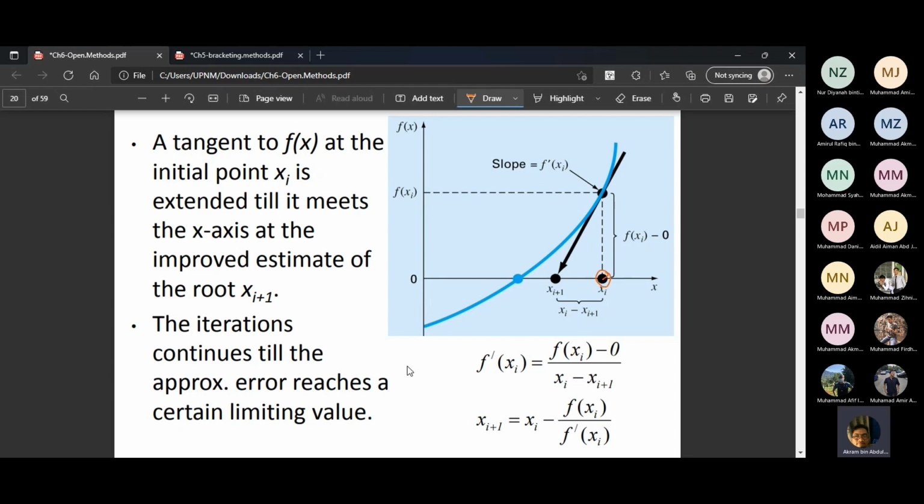Kita akan cari apa nilai f x i dia. Bila dah dapat f x i dia, kita cari f prime x i, slope dia. Tujuan kita cari slope adalah kita nak buat satu tangent line. So bila kita ada satu tangent line, we will extend this tangent line. Kita nak cari dekat mana tangent line yang akan cross x-axis. So the point where it crosses the x-axis, x sub i plus 1, itu adalah nilai x i plus 1 kita yang baru.